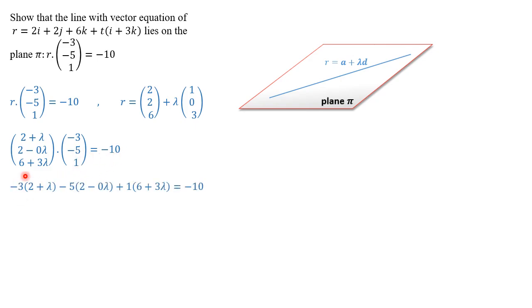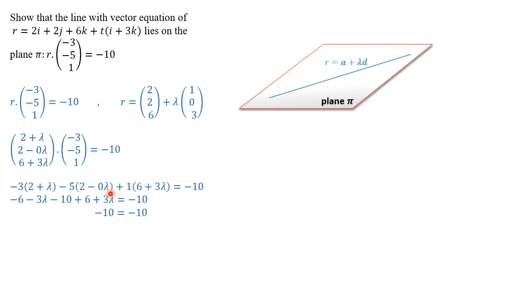Then we perform the dot product: minus 3 times 2 plus lambda, plus minus 5 times 2 minus 0 lambda, plus 1 times 6 plus 3 lambda. The answer should be equal to minus 10. Now we simplify. This is minus 6 minus 3 lambda minus 10 plus 6 plus 3 lambda equals minus 10. So you can now see minus 10 is equal to minus 10.